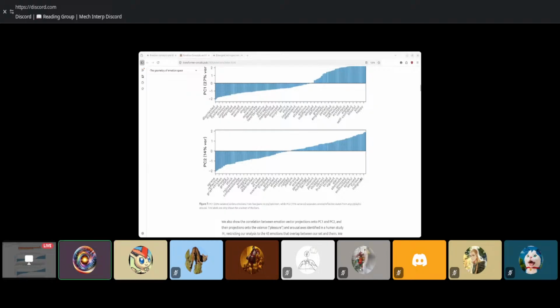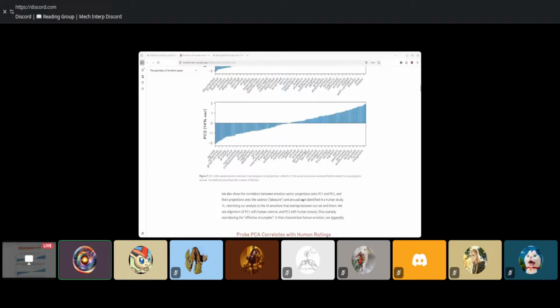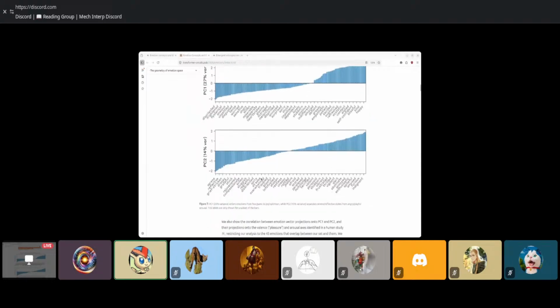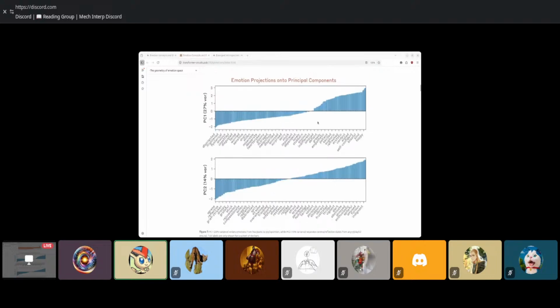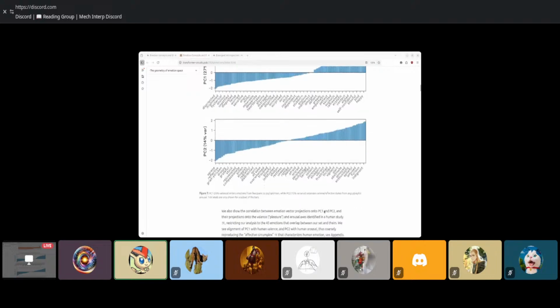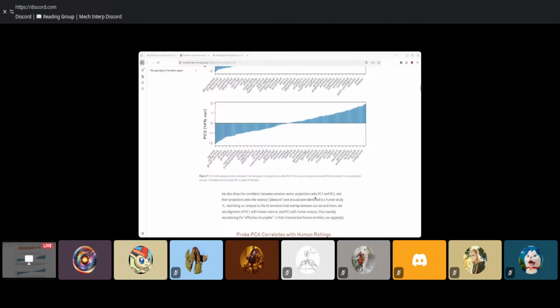I would expect sad to be the most negative valence. Or suffering. Let's steer the suffering vector. Agony vector. I think labels are only shown for a subset of the bars. Okay, so it is here, but they couldn't fit it on the figure.